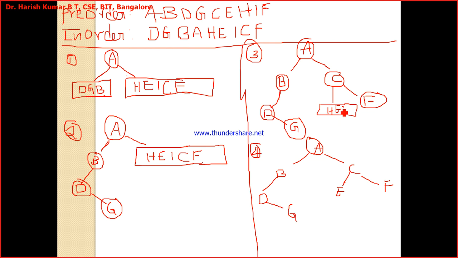Okay. Now we have H and I remaining. For E, H is towards the left side. That means H is the left child of E, and I is the right child of E. So this is your binary tree for this pre-order and in-order. Okay.